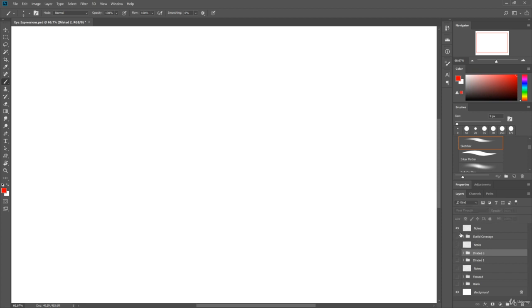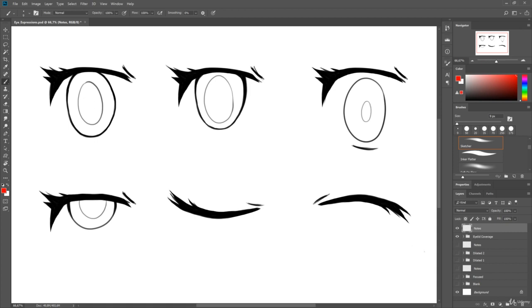Next, let's take a look at eyelid coverage. Effectively, when we're wanting to combine all the facial expressions together, the eyes are the main focal point. And we can do a few things with the eyes, taking into account dilation, focus, and lastly, the coverage of the eyelid over the iris and the pupil.